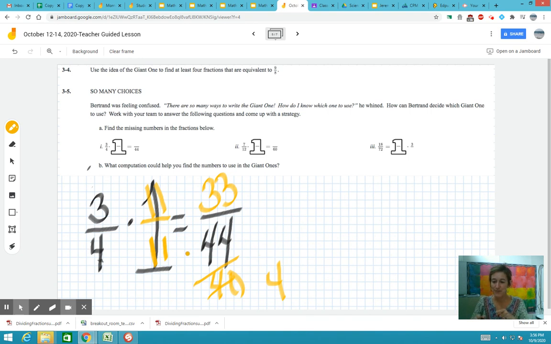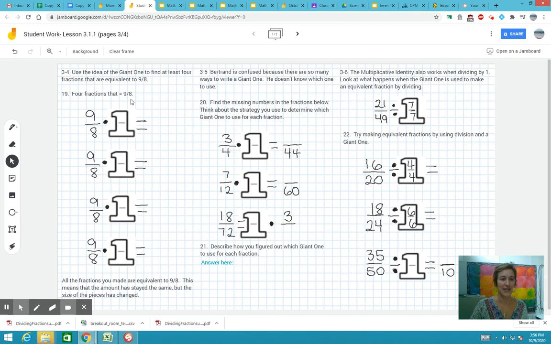Now it's your turn. You're going to complete 3-4, question 19. I've already given you one example, so I need you to complete 3 more examples and then answer the question below. And then for 3-5, I already solved the first question for you, but I need you to solve ii and iii.